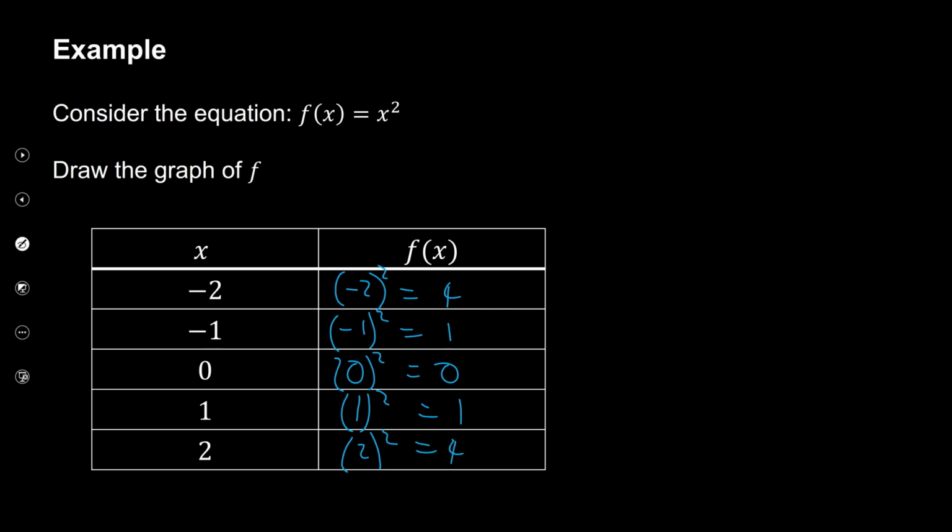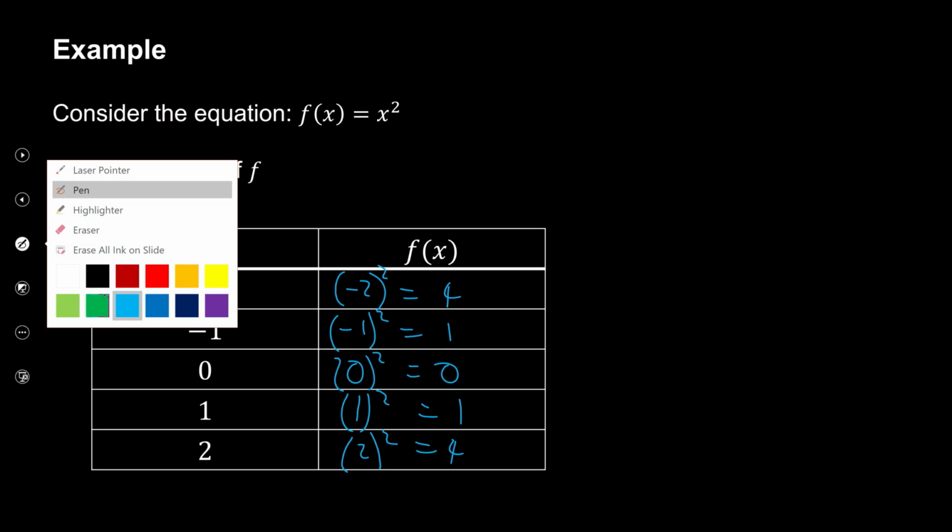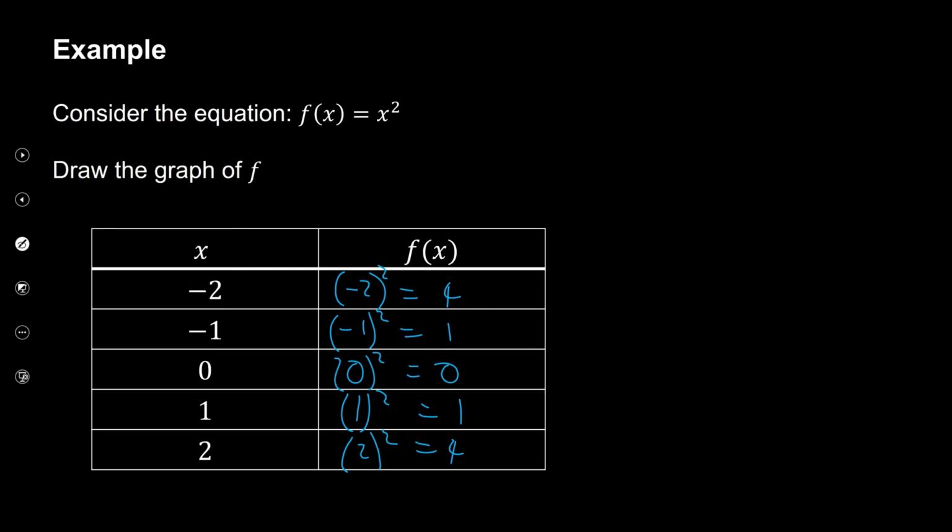Now you can see the whole concept of many-to-one is because many inputs correspond to one output value, which is 4. You don't necessarily need to show both of them, you can just show one. And then 1 and negative 1 also go with 1, which is down there as well. So you can see that they are the same thing.